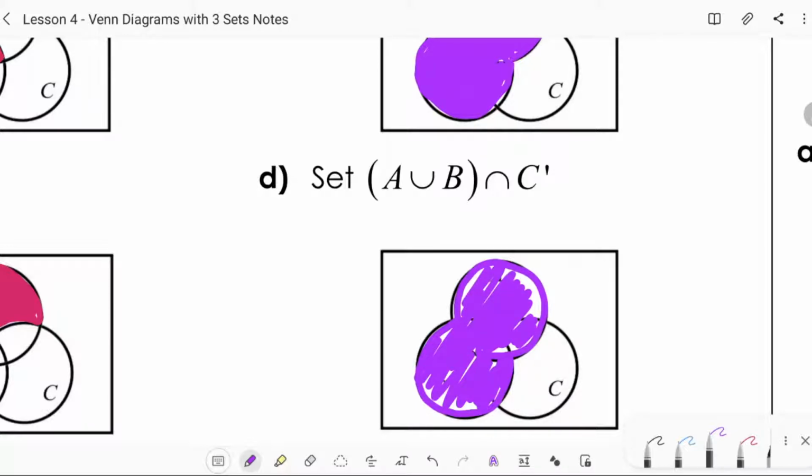I'm then asking, where does this intersect not C? So I need to be careful about, okay, well, I actually had this section that was part of A and C, and I had this section that was part of B and C that I can no longer include. So I'm going to erase those.